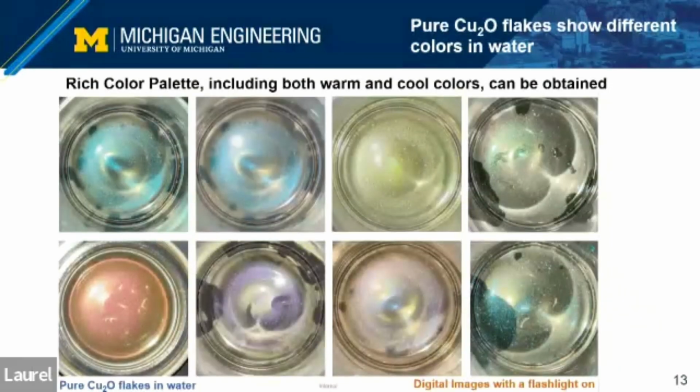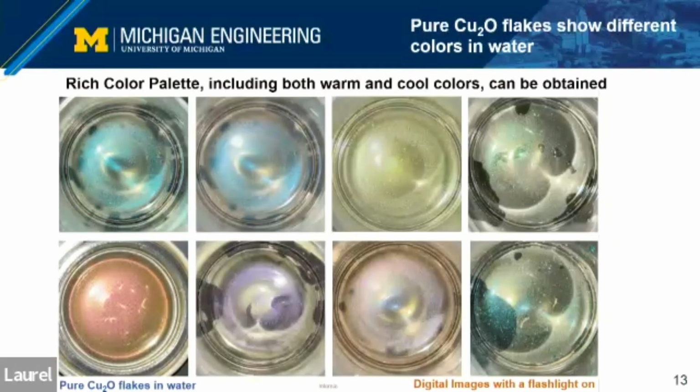And moreover, as we mentioned before, our method is able to produce a series of different colors by changing the growth times. So you can obtain a rich palette of color. And during the process, talking to someone working in the color industry, we found that for the traditional mica-based pearlescent flakes, like the titanium dioxide, it is relatively easy to achieve a cool color, like purple or green, but it is hard for you to achieve a warm color.